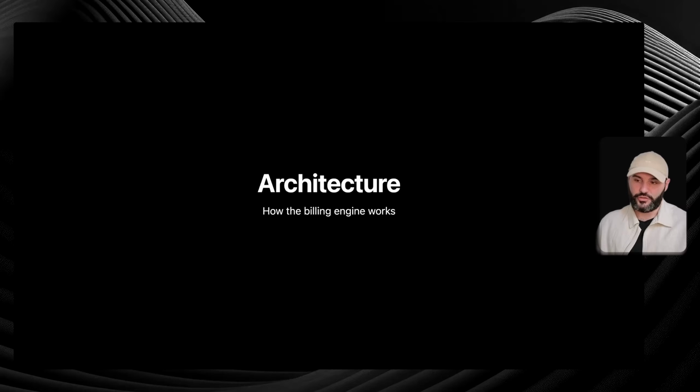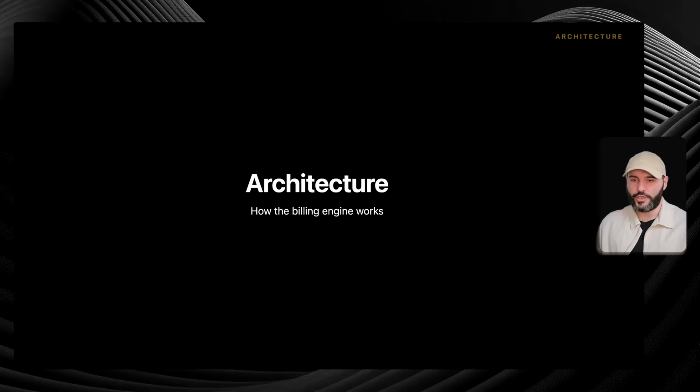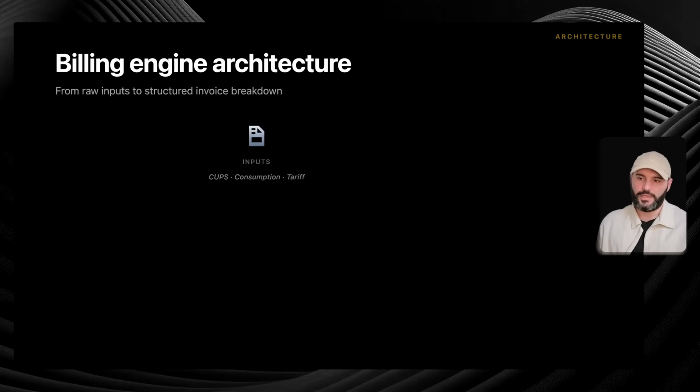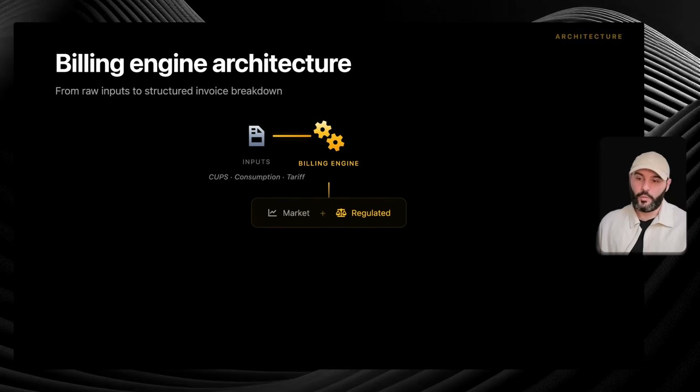The architecture of how the billing engine is going to work: first, we'll get the inputs from a consumption file of the factory. Then inside the billing engine, we will get data which comes from the markets, other data which is regulated based on the calculations, and FastAPI will break down the final numbers in a JSON.